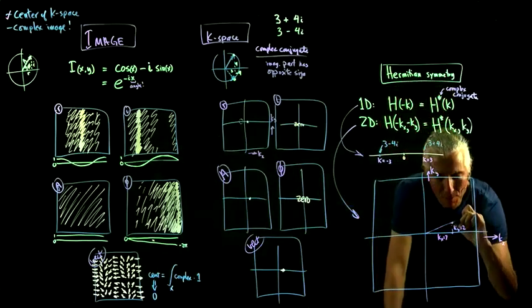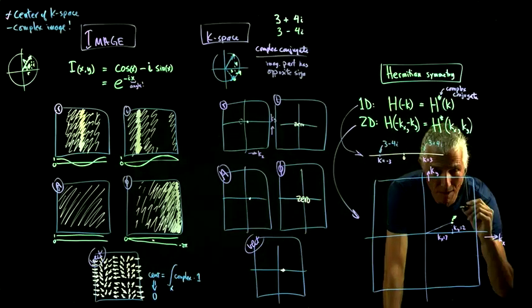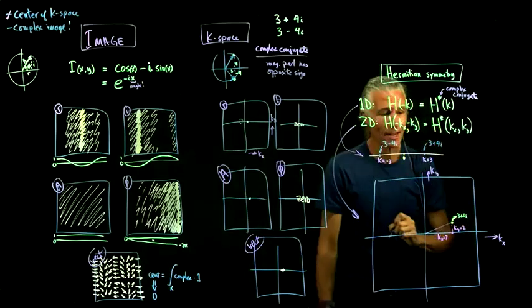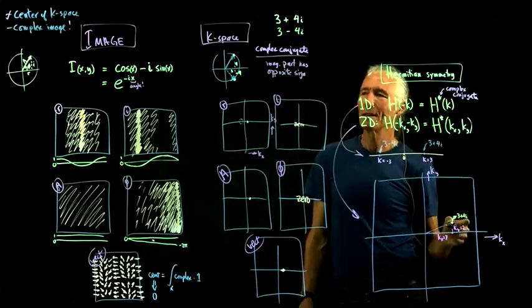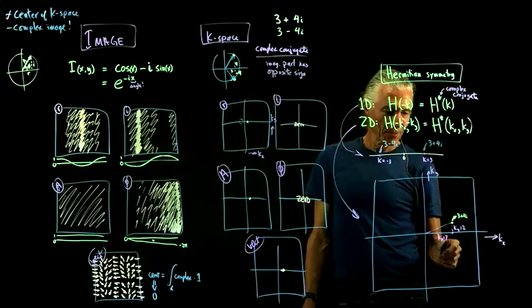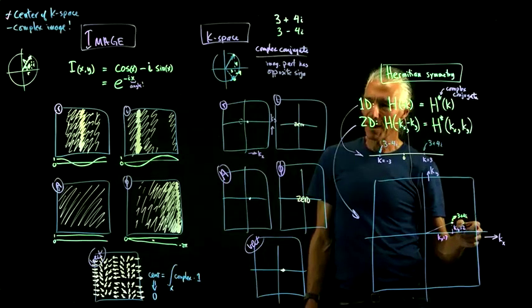So at this point right here, there's going to be an imaginary number, an xy imaginary number, and say that is 3 plus 4i. So don't get the kx, ky mixed up with the actual value of the data point at that point. So at kx equals 7, ky equals 2, the value there is 3 plus 4i.